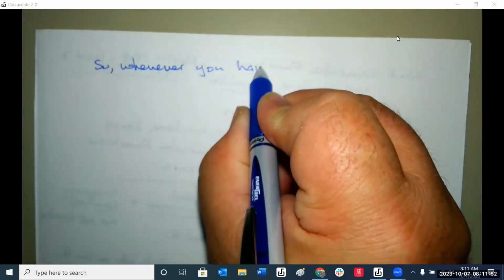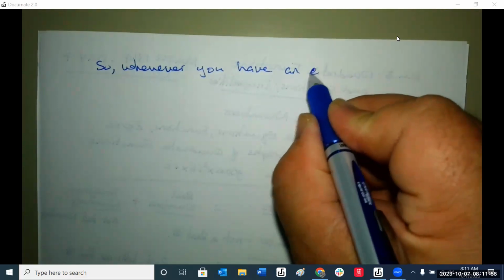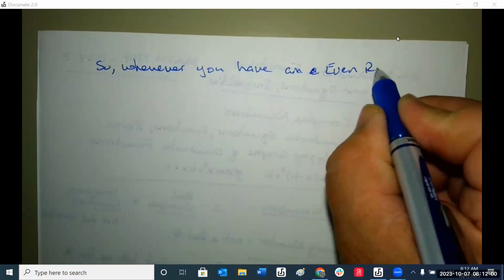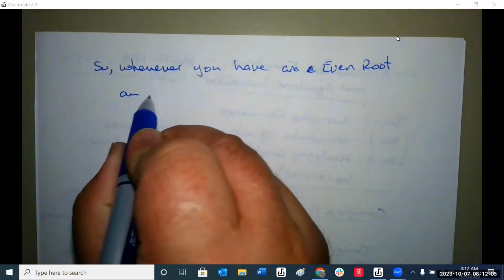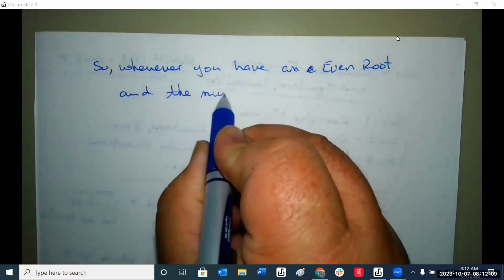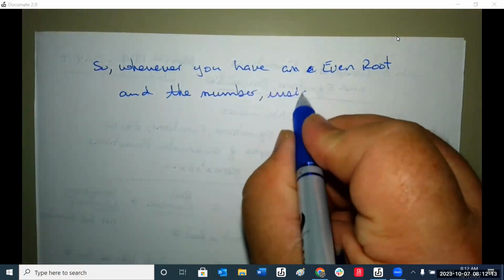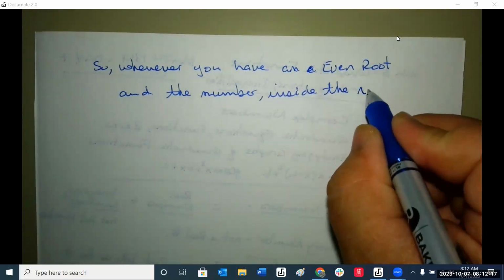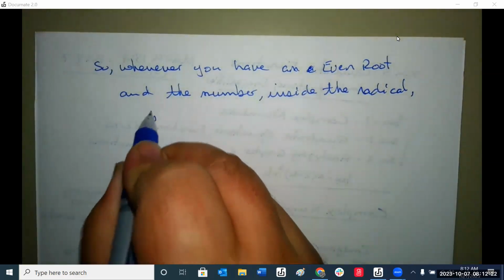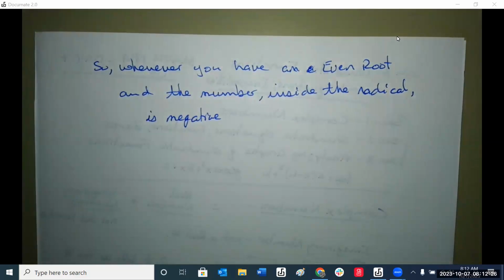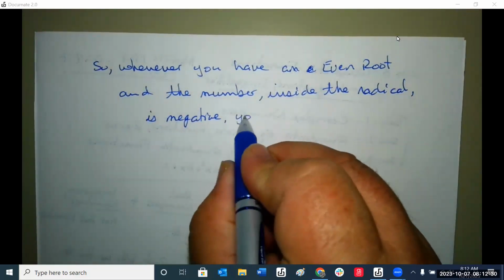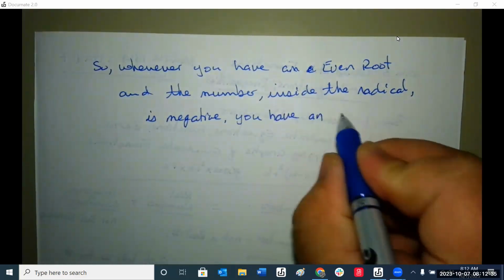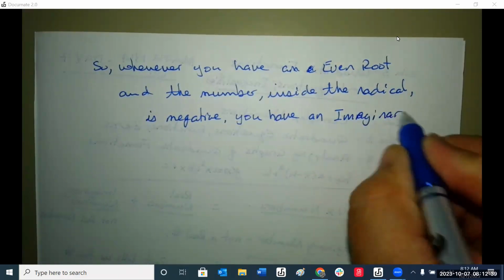So, whenever you have an even root and the number inside the radical is negative, you have an imaginary number.